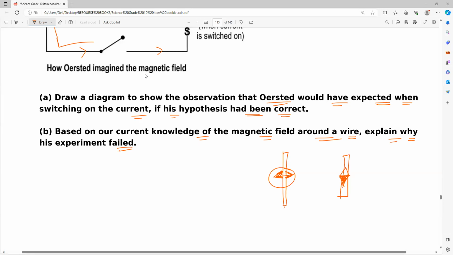Either top to bottom or bottom to top. This is very, very important. So why can't you place it perpendicularly? Because the magnetic field is always perpendicular to the direction of current at any point. I have given you the diagrams also.